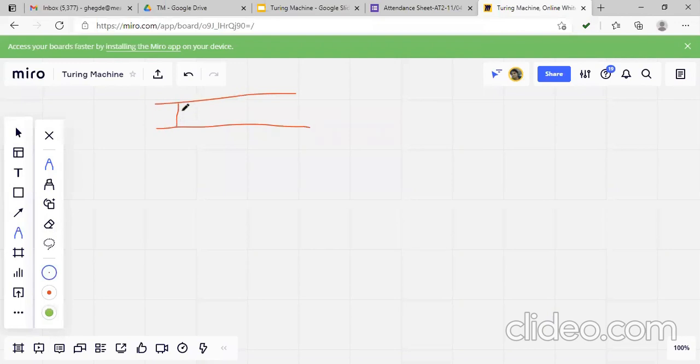So this is my tape. Okay, so this is my input. I'll just take down the example.